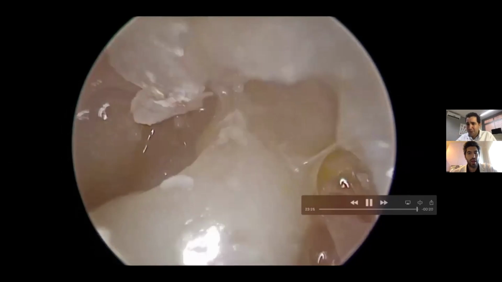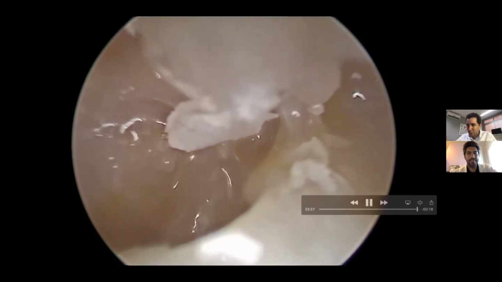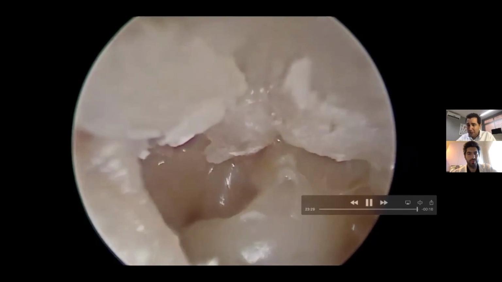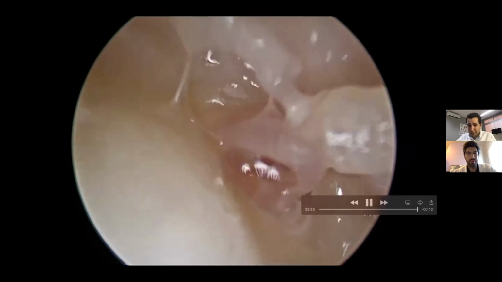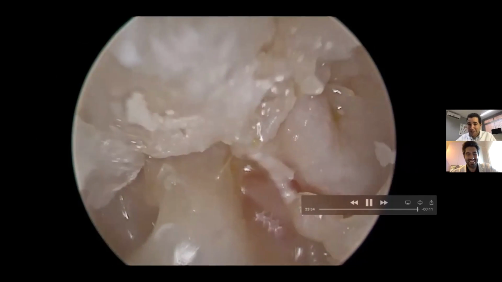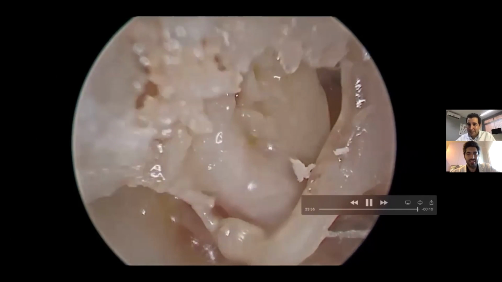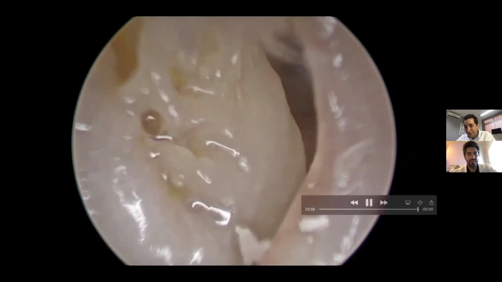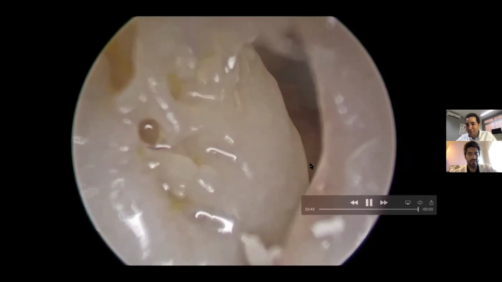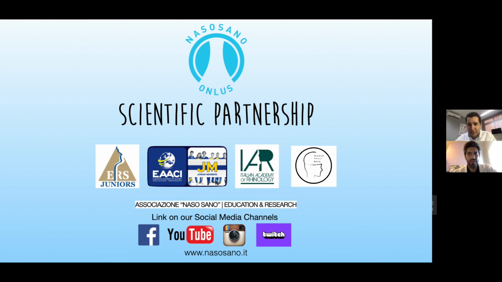So stapes surgery, tympanic glomus, cholesteatoma in the middle ear, everything in the middle ear, in my opinion, should be done under endoscope. Everything in the mastoid should be done under microscopic view. But it's polemic. Here we can see the canal, and we can already see the antrum, preserving the incus. So I think that was the dissection.